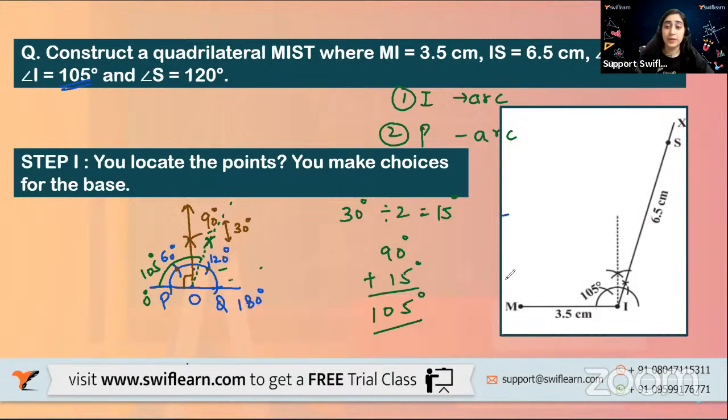All right. Now, moving back to the question, at I, it wants 105 degrees. Making I as a center, I draw this arc. This was the first step. Then I labeled this as P. Then the second step was that making P as a center, draw this arc. This arc is 60 degrees.